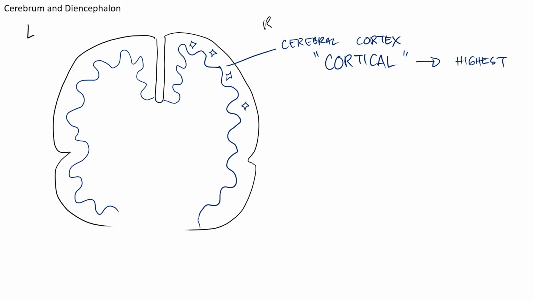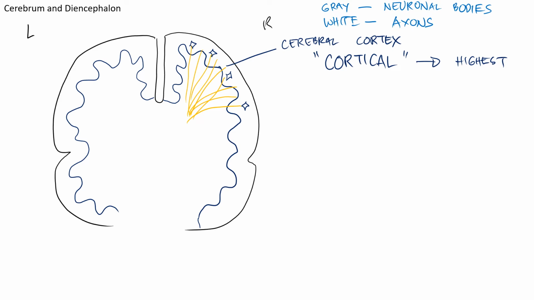Now, let's talk about your white matter. Your white matter is basically the axons of your different neurons. Okay, because you have to remember, make this stick into your mind. When you're saying gray, you're talking about neuronal bodies. When you're talking about white matter, you're talking about axons.